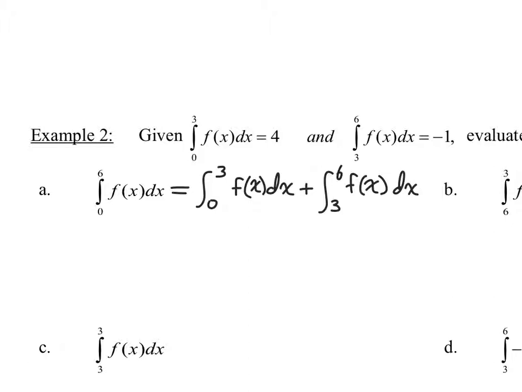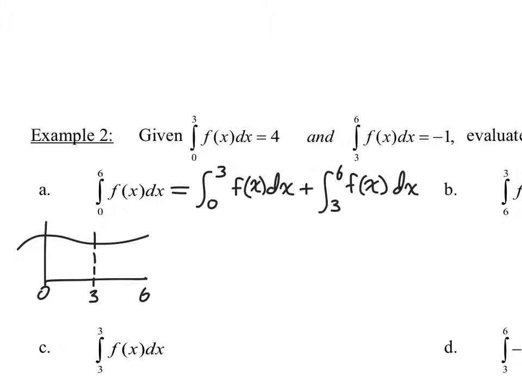Right? So this is some rule for definite integrals. If you were to diagram this out, and you don't really need to, but in order to understand it fully, you might want to. You have 0 to 6, some function f of x, partitioned at 3.